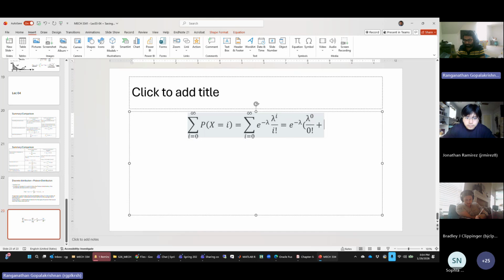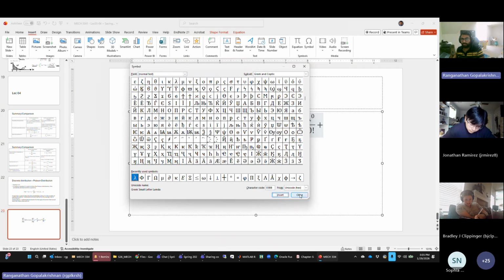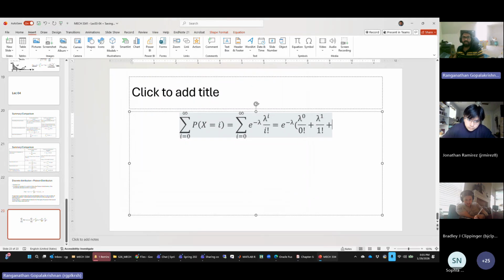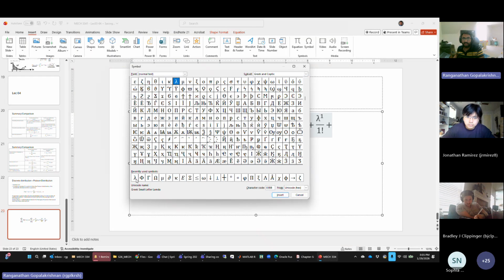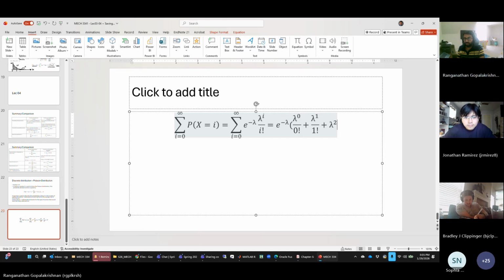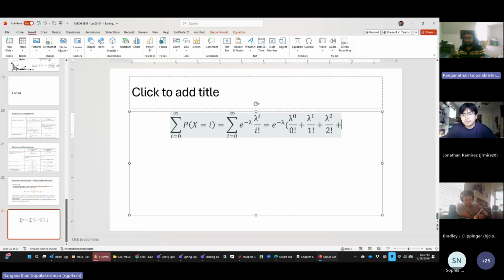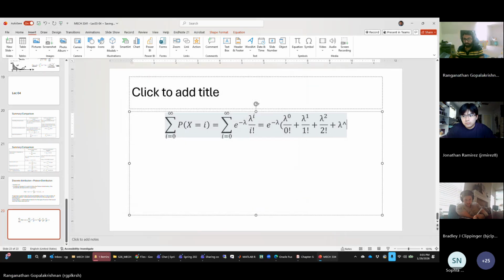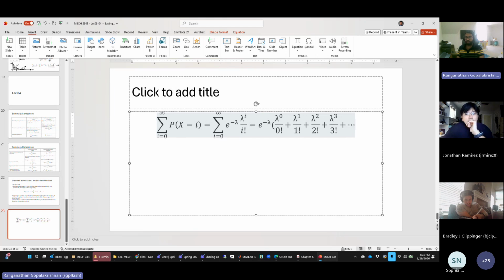Okay, plus what's the next term? Lambda power 1 divided by 1 factorial plus what's the next term? Lambda squared divided by 2 factorial plus obviously third term is lambda cube divided by 3 factorial plus and so on. It'll go on.